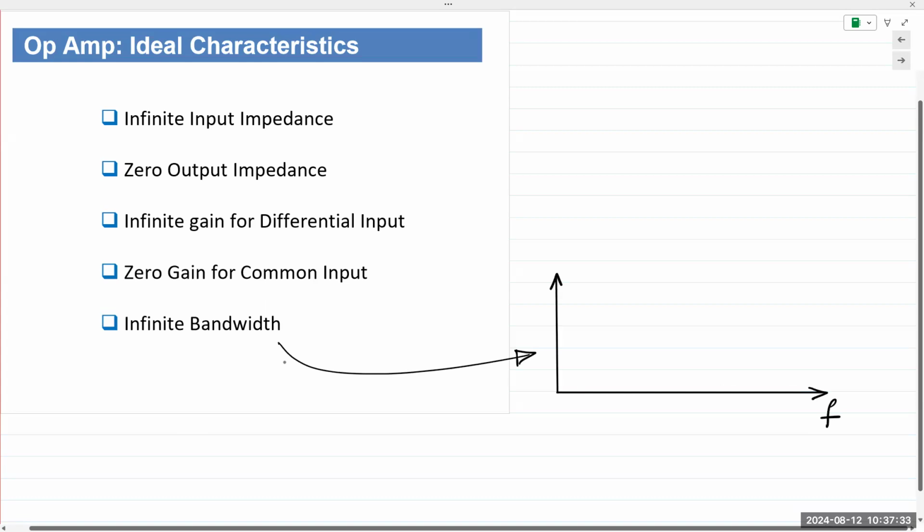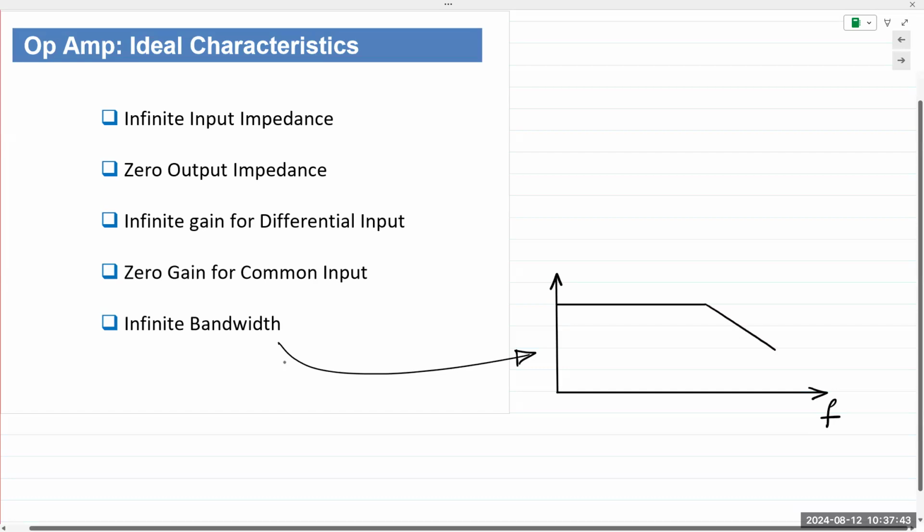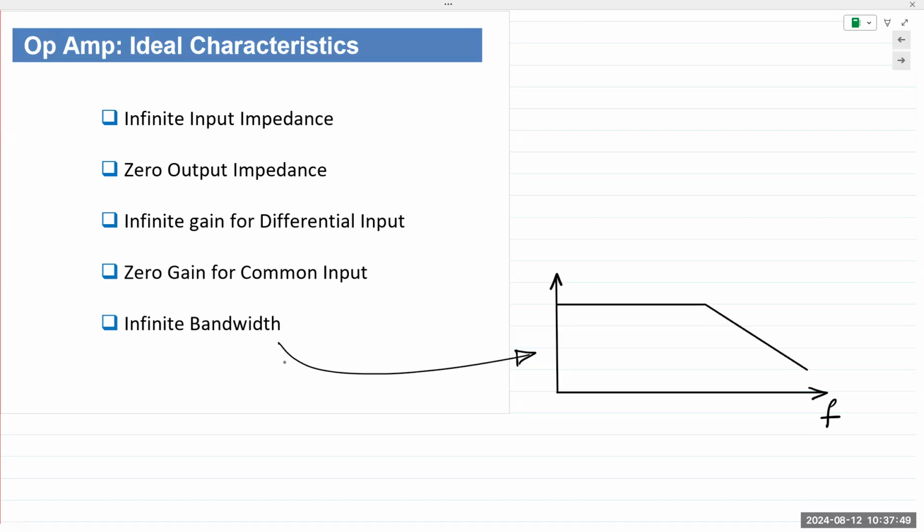So typical op-amps will have a flat gain for a long portion of the frequency response, and then slowly start to decay. So this would occur at very high frequencies.